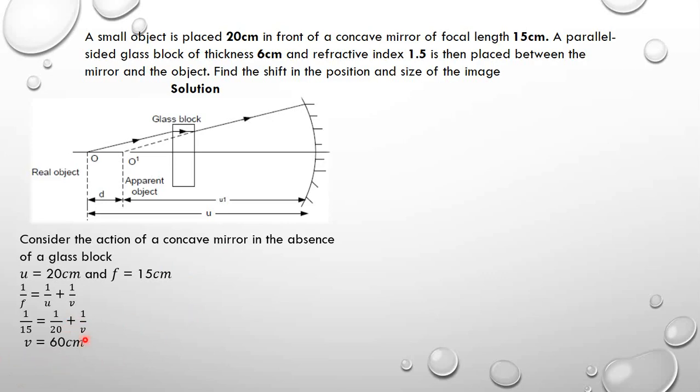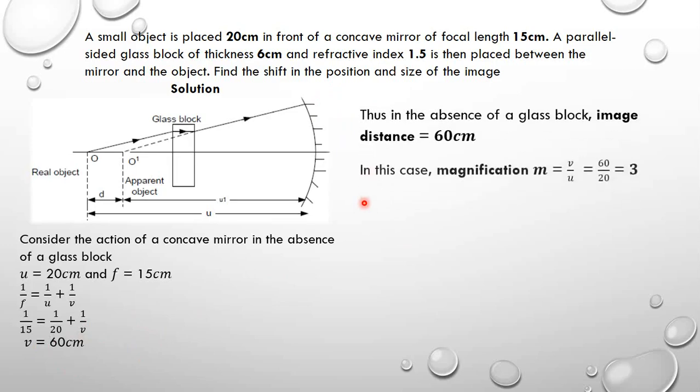So v is going to be 60 centimeters, so it's going to be a real image. Then we can also get the magnification, m = v/u, which gives us 60 divided by 20, which is equal to 3. So the magnification is 3.